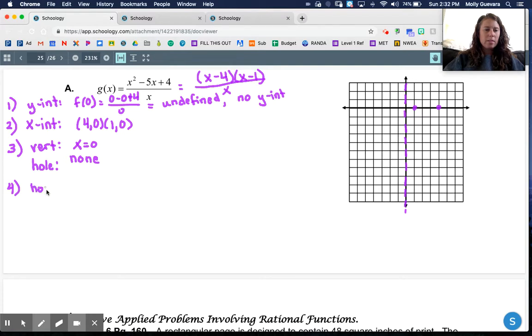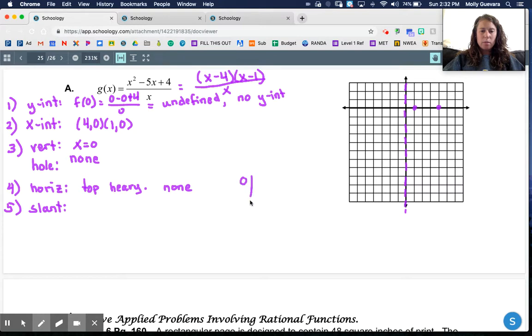Okay, the next one is a horizontal asymptote. In this case, the equation is top heavy. So there's none, right? I don't have a horizontal asymptote. Slant asymptote, I do have because the top has a degree of 2 and the bottom has a degree of 1. So the 0 of the bottom is 0.